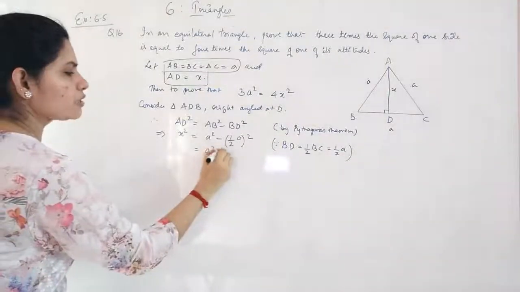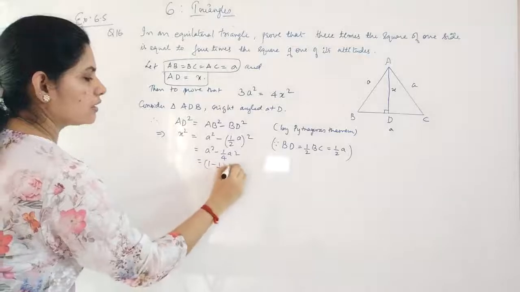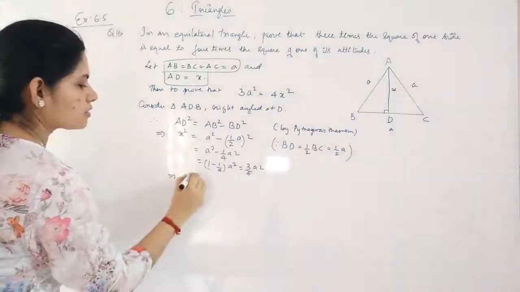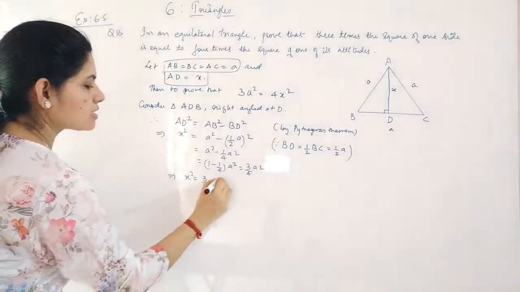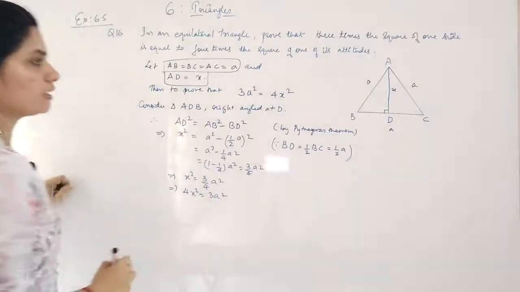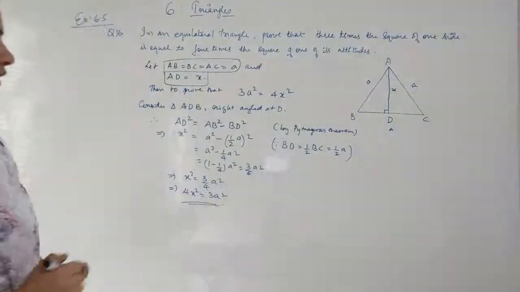So this will give you a square minus 1 by 4 a square, which is 1 minus 1 by 4 of a square, or 3 by 4 a square. So x square is equal to 3 by 4 a square, which implies 4x square is equal to 3a square. This is what you need to prove. Hence you have got the answer.